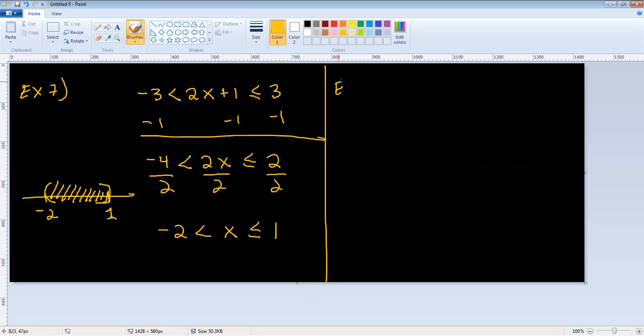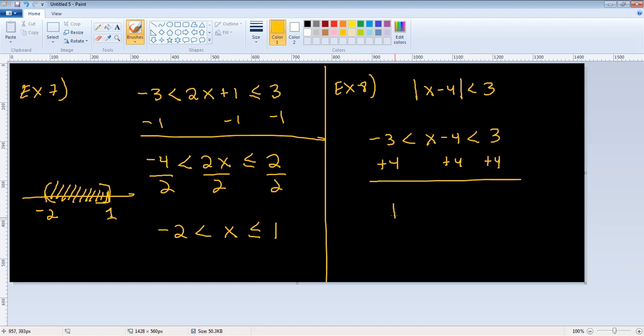All right, what about this? We have the absolute value of x minus 4 less than 3, and we're trying to see what this is because this is absolute value. Well, you can separate it like this, where you take this number, make it negative, take this number, make it positive.